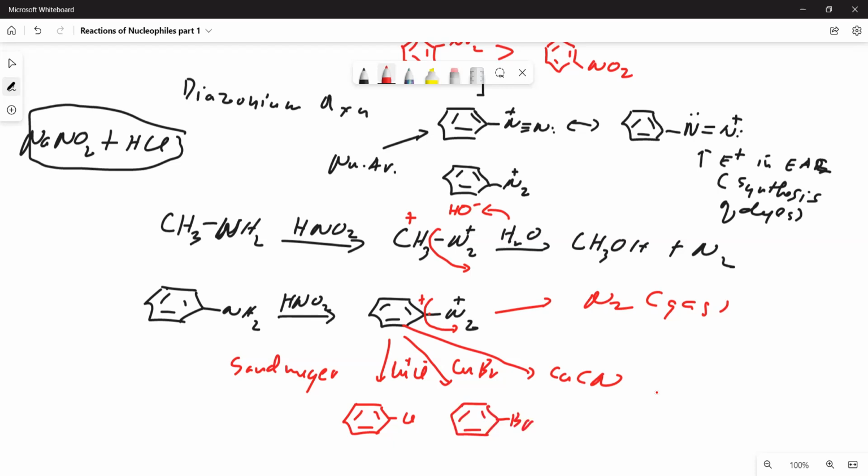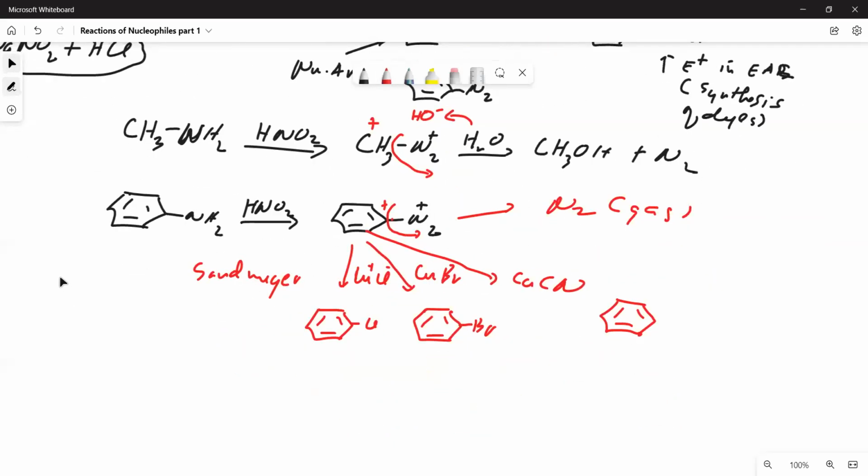And the third reaction is very important because we cannot attach a cyanide in electrophilic aromatic substitution. Based on the 5 basic reactions, we cannot. But it can be attached directly because this is a nucleophile, cyanide ion. So it can be attached here. So you have now cyanobenzene.